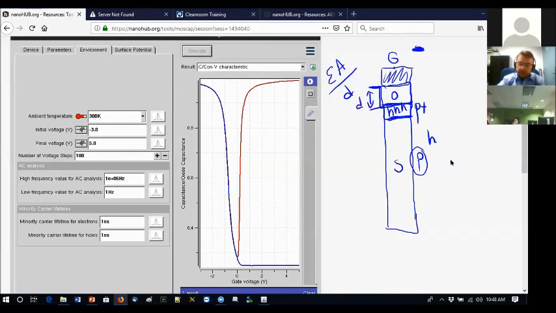Area, if you think about it in 3D, is that area here, right? And epsilon is the dielectric permittivity. In this case, it's silicon dioxide, so that's the dielectric permittivity of silicon dioxide times the dielectric permittivity of free space. Anyway, those are details, but this is the capacitance.